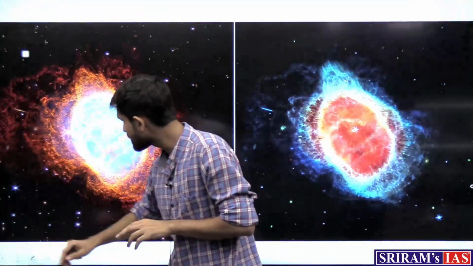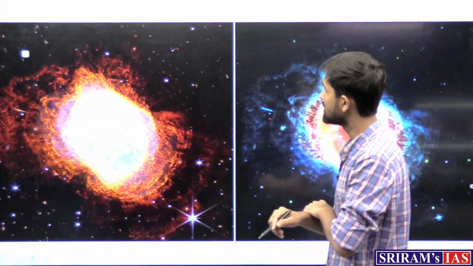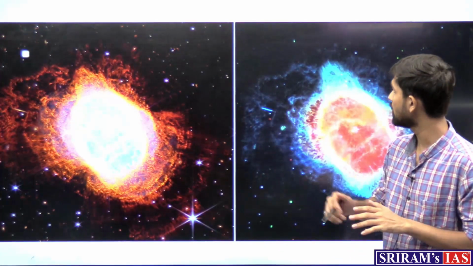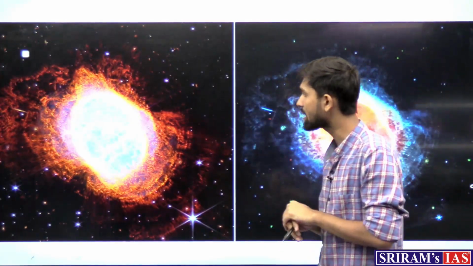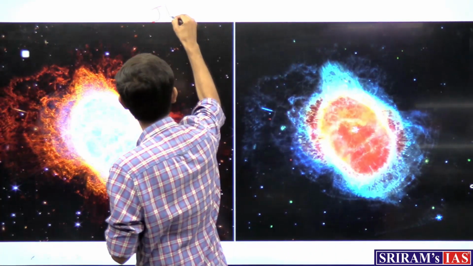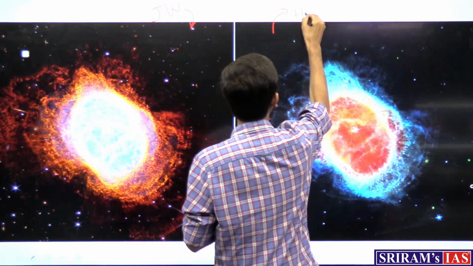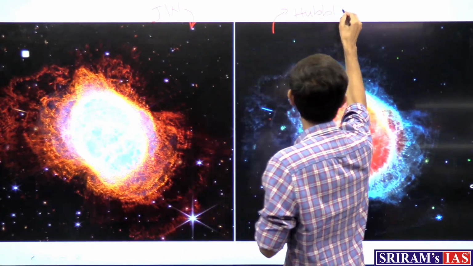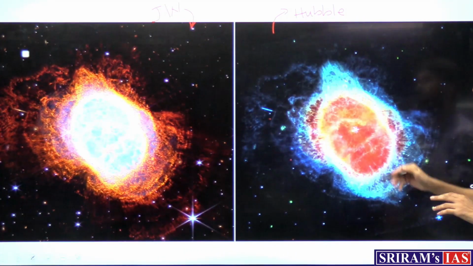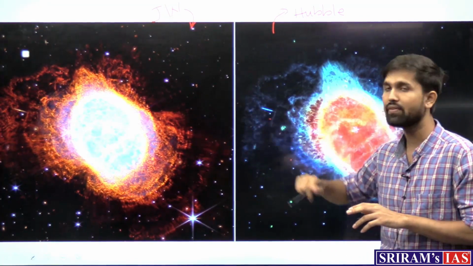Now talking about the second image, this is the Southern Ring Nebula. These two images are a comparison between the James Webb Telescope, which captured this one, and the Hubble telescope, which captured this one. We can see the difference, where the James Webb Telescope, capturing the same phenomenon, has given clarity.